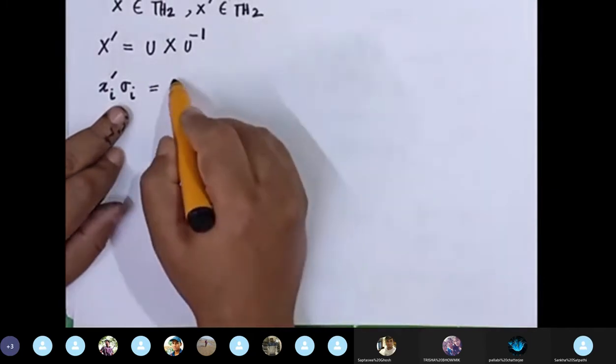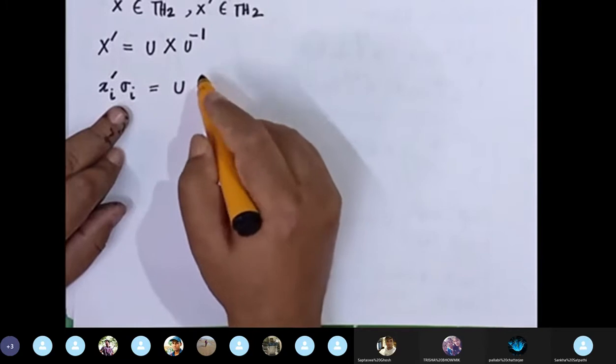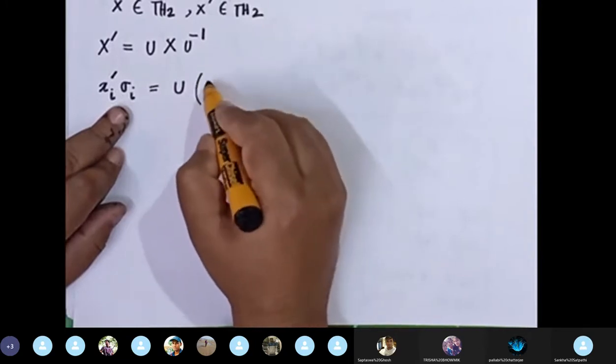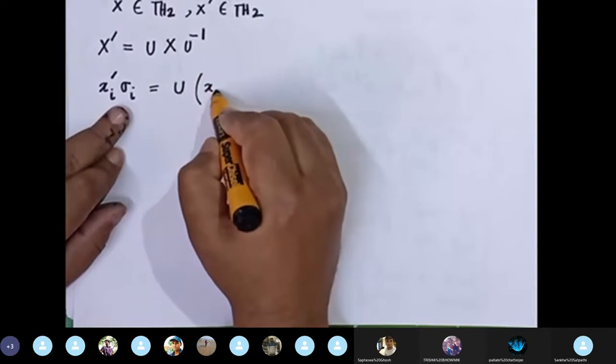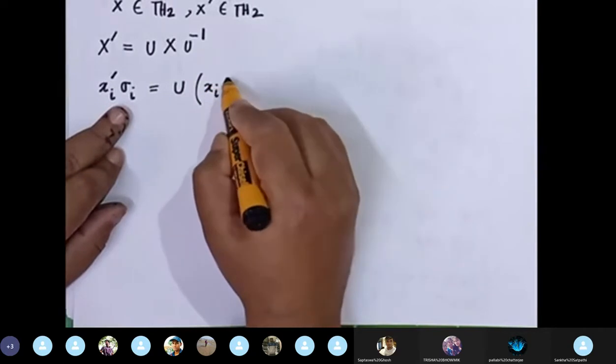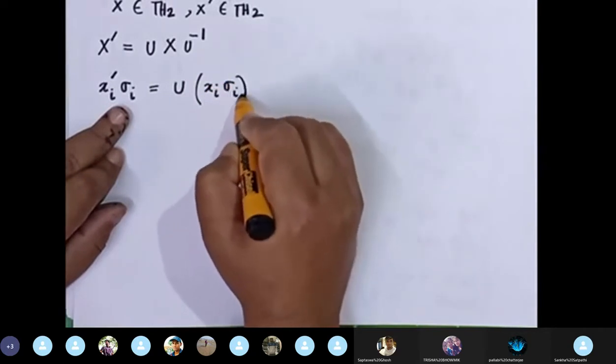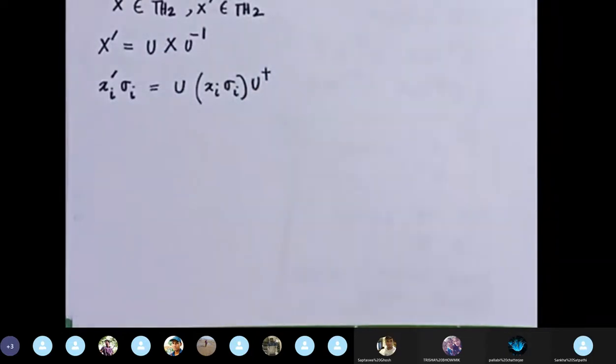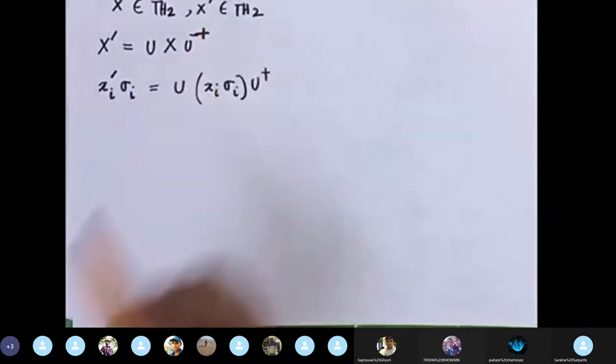Okay, so X prime equals U times X_i sigma_i times U dagger. U inverse and U dagger are the same. So this is the relation.